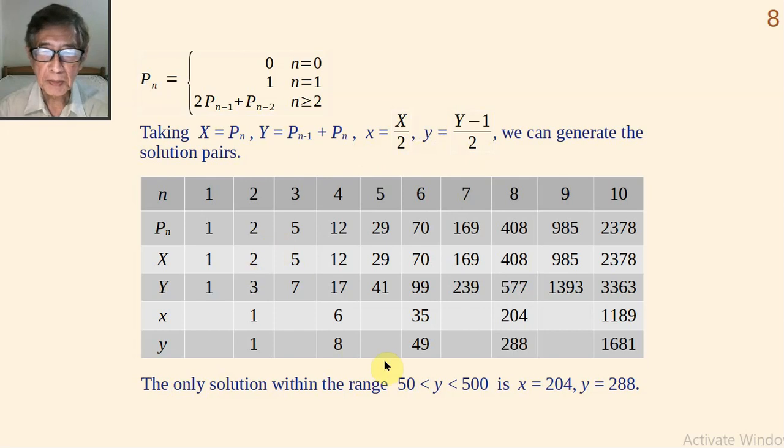So we have this table. So again, the only solution in this range is this, and the corresponding x is 204. So this is the same solution as we got before.